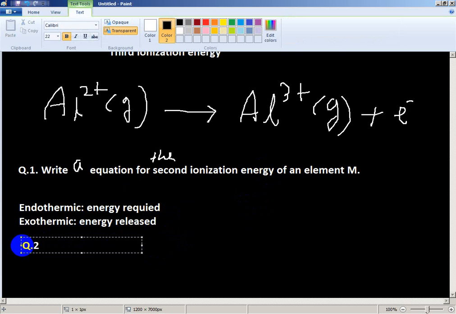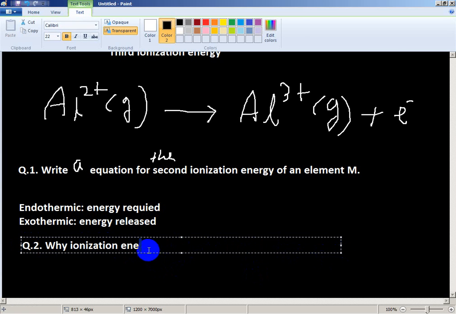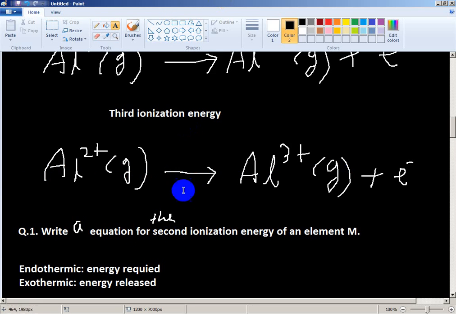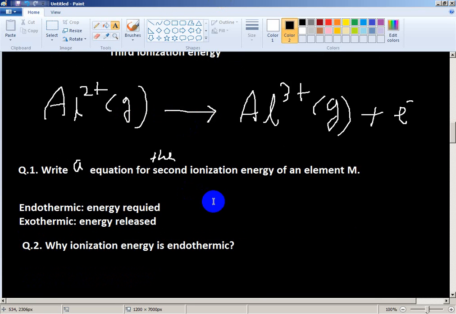Okay, do you know why ionization energy is endothermic?